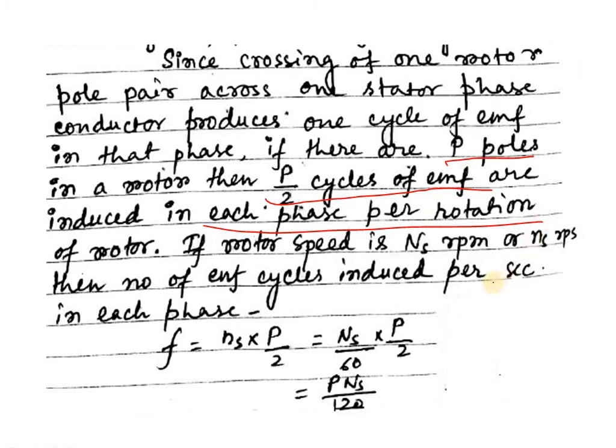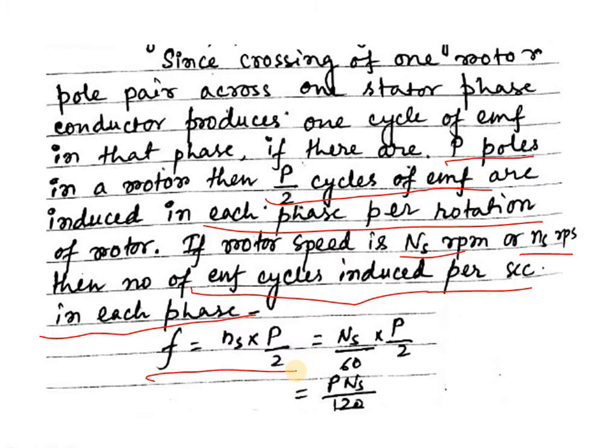If the rotor speed is Ns rps, then the number of EMF cycles induced per second in each phase will be, that is, f equals Ns into P/2, the number of cycles per second.